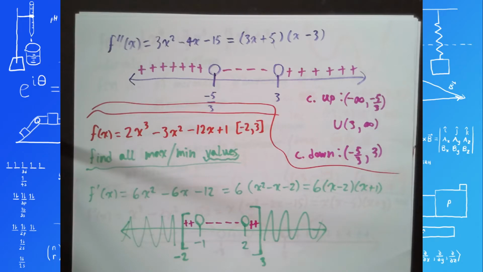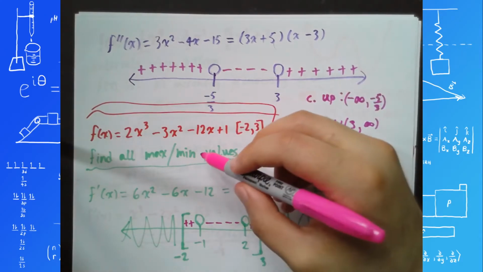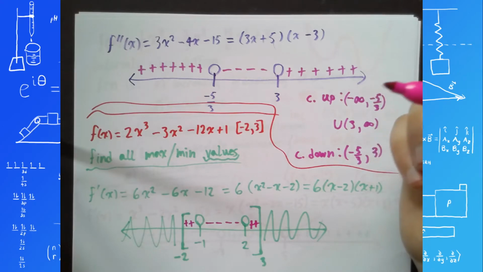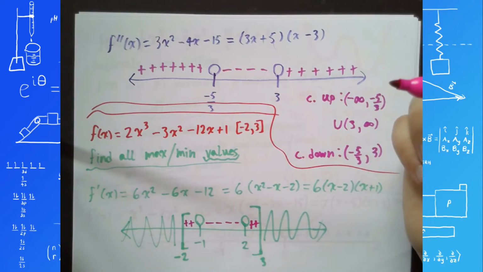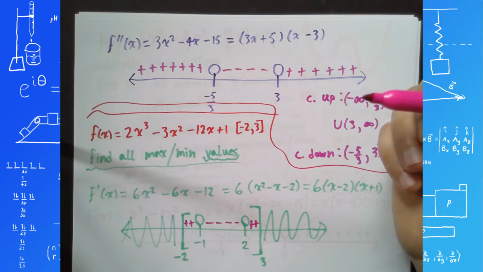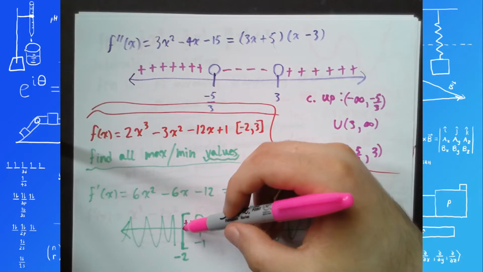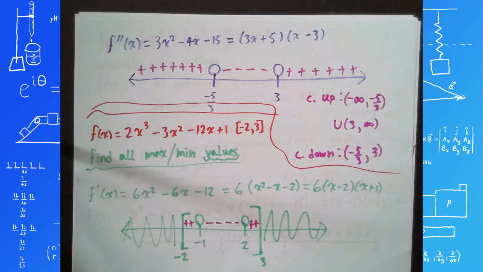Alright. Now then, finding maximum and minimum values. So we also have to test the endpoints now. And I guess the one way you could go about doing this is just evaluate f of negative 2, f of negative 1, f of 2, and f of 3, and compare which one's the largest and which one's the smallest, and there's your absolute maximums and minimums.